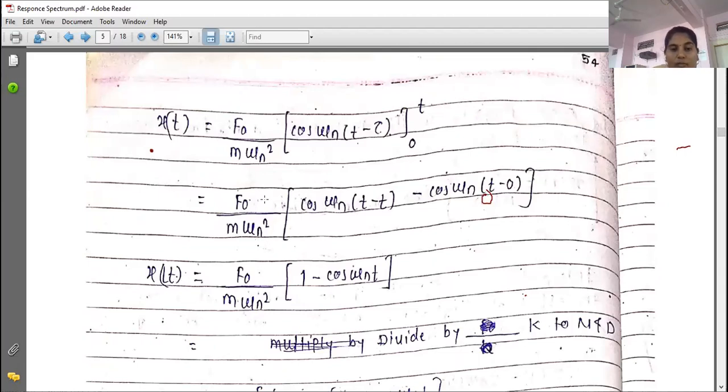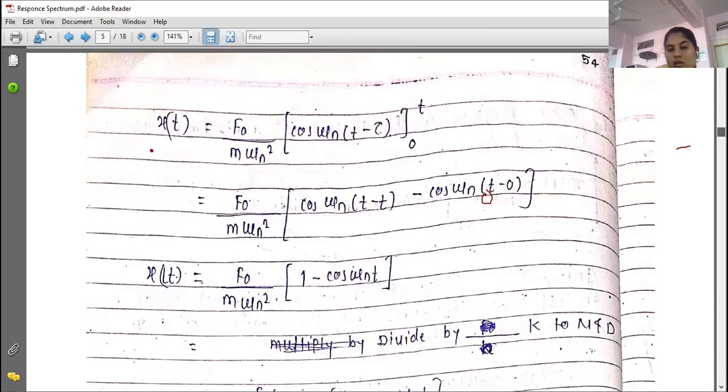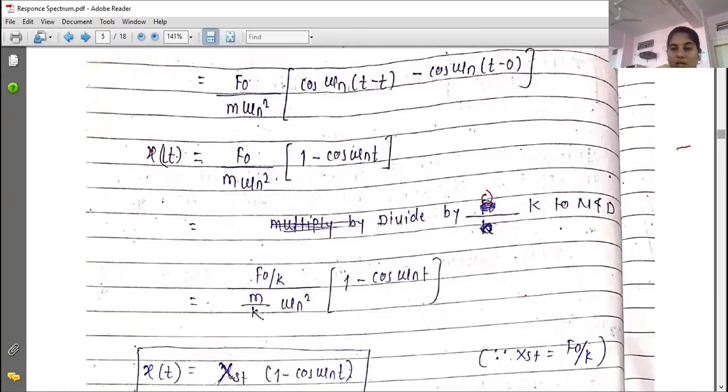Rearranging the terms, removing the minus sign, we take the limit first: cos of omega n into (t minus t) minus cos of omega n into (t minus 0). So the last equation becomes f naught upon m omega n square into (1 minus cos omega n t).